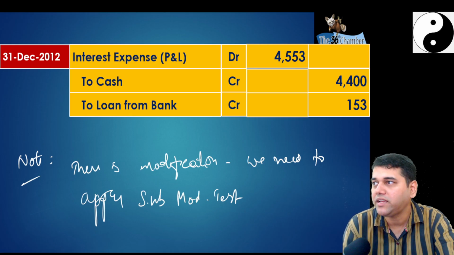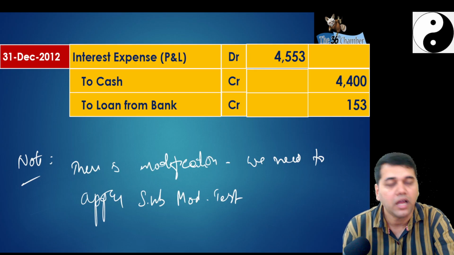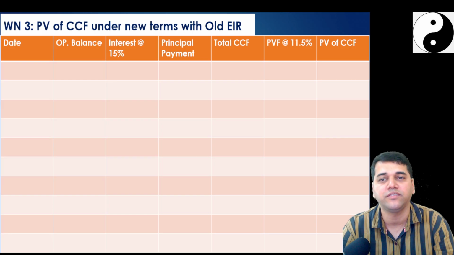For the next accounting entry, whether it is an extinguishment or a continuation, I don't know. For this, I have to apply the substantial modification test. First thing, what I will do is the present value of the CCF under the new terms with the old EIR.